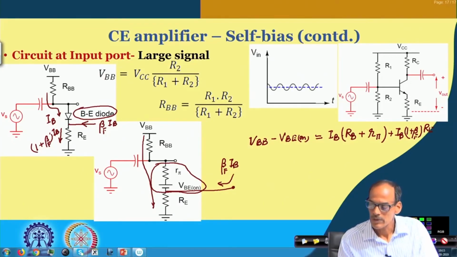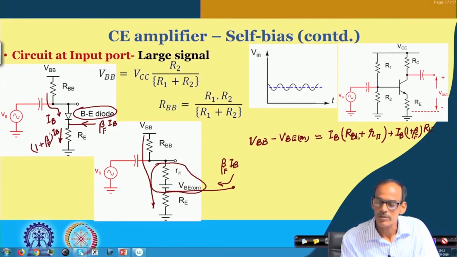Here I need to consider this is RBB. So, in this case we may or may not be able to ignore this r pi.